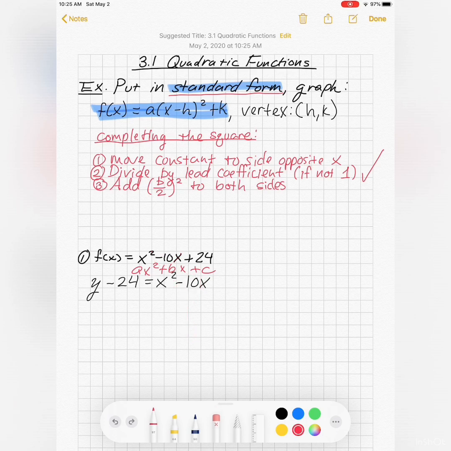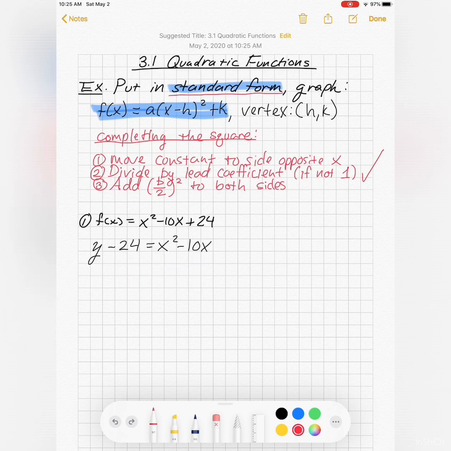So this is the b. All right, so I have to do this side calculation then. So I set up on the side. So that special number is 25. So what I'm going to do is add that number on both sides.